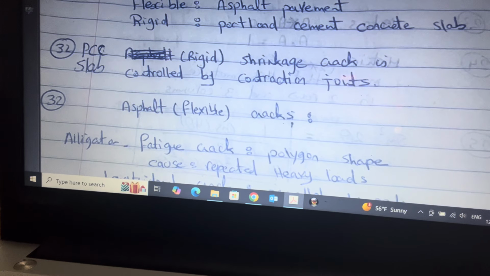Flexible is the asphalt pavement, rigid is the Portland cement concrete slab. Portland cement concrete slab is the rigid type, and it has shrinkage cracks. And how are these shrinkage cracks controlled? They are controlled by contraction joints.